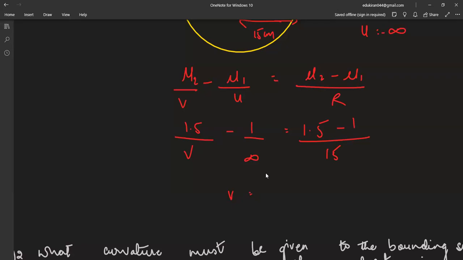This becomes 0. This gets cancelled. So this becomes 0.5 by 15, so V is 45. Correct? Just cross check someone. This should be 45 centimeters. Right? Agreed or not? This is 45 centimeters.